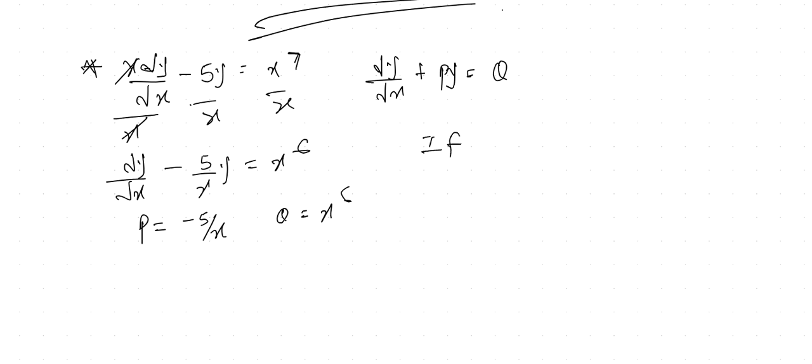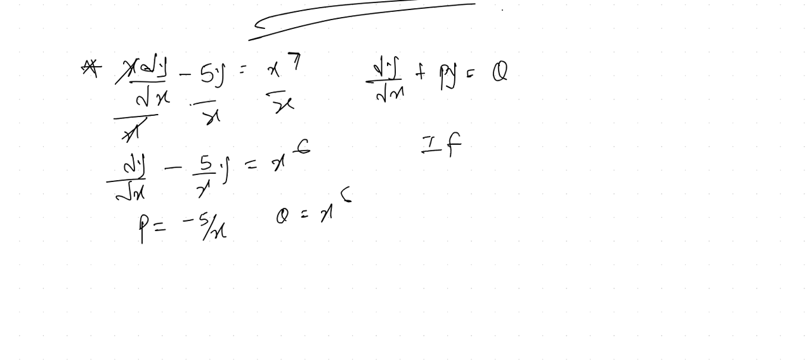Now from here we discover that p is equal to 1 over tan x, which is the same as cot x, right? Good. Then q is equal to sec x over tan x.